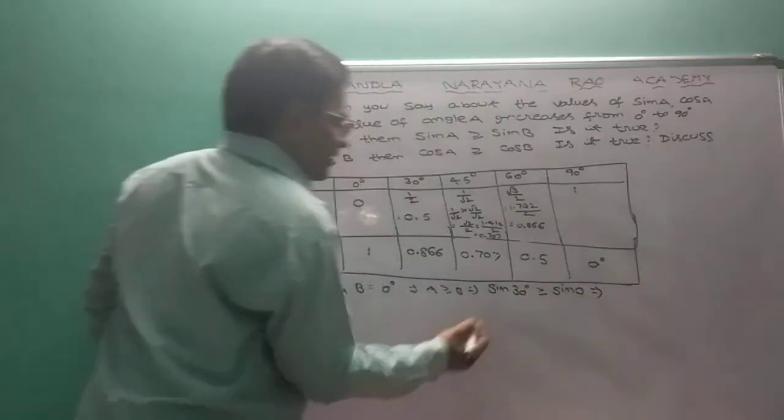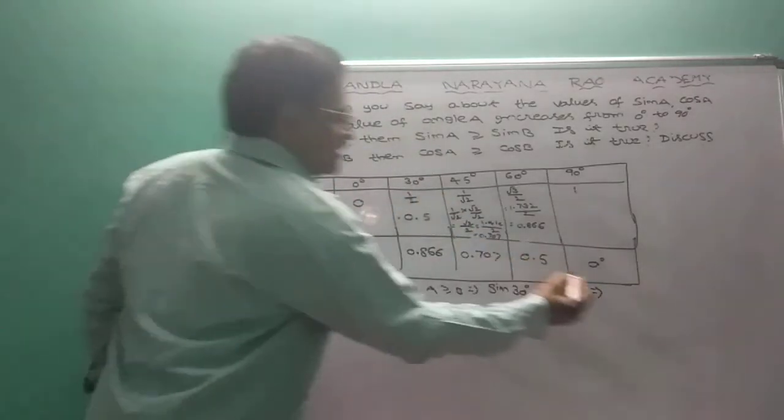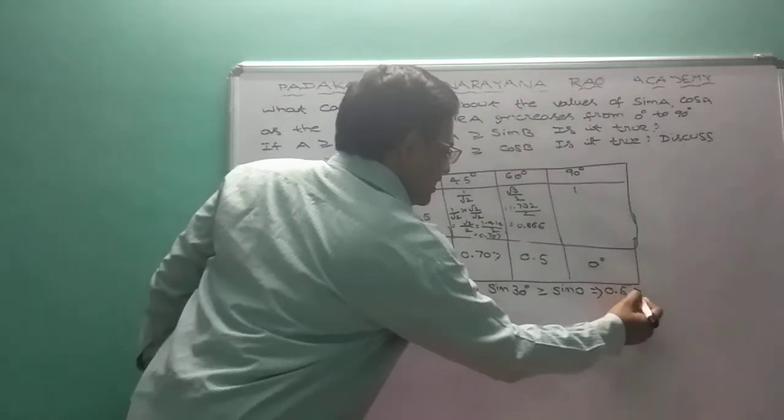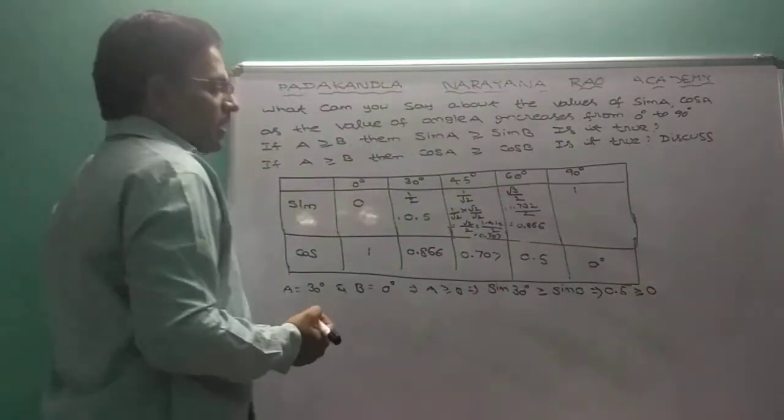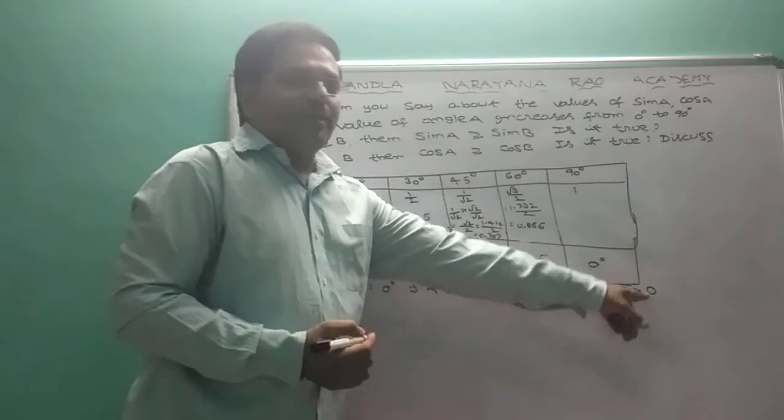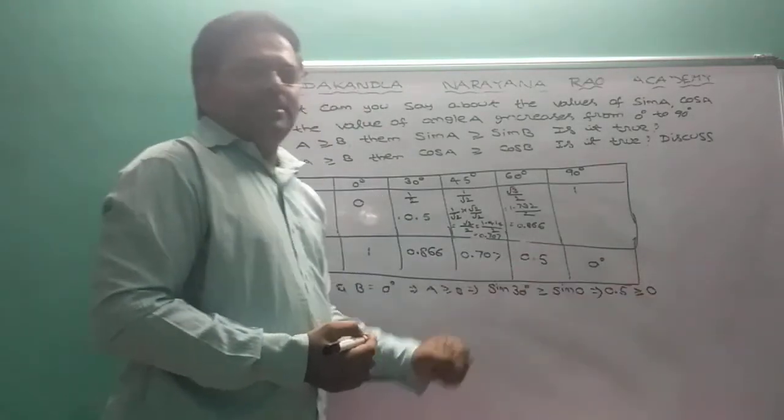Sin 30 is 0.5, is greater than or equal to sin 0, that is 0. Now 0.5 is greater than or equal to 0. Is it true or false? True.